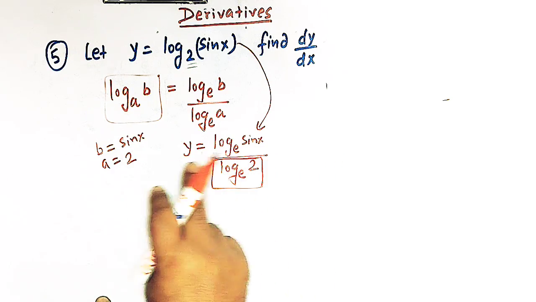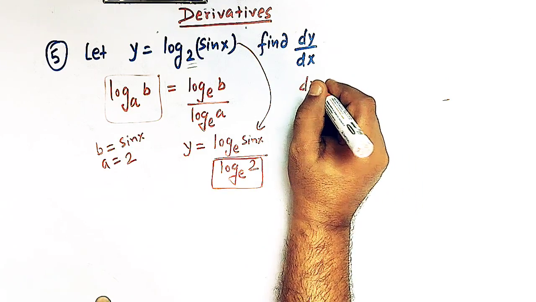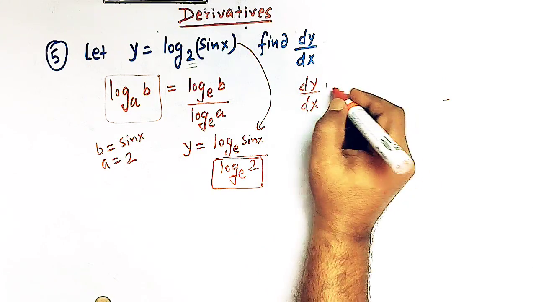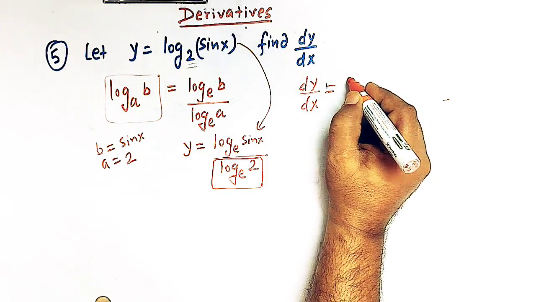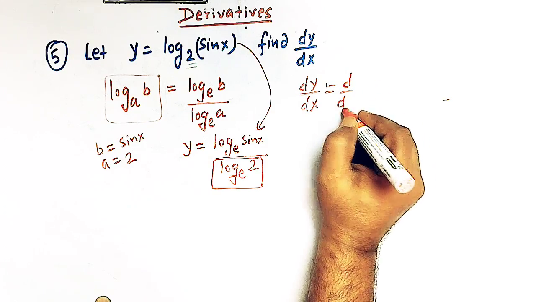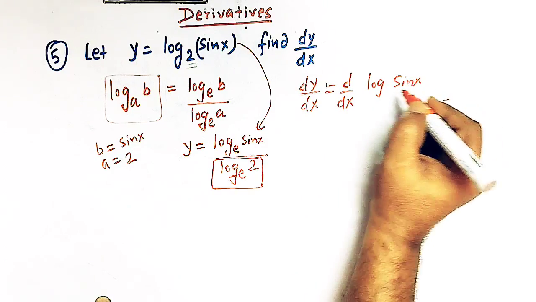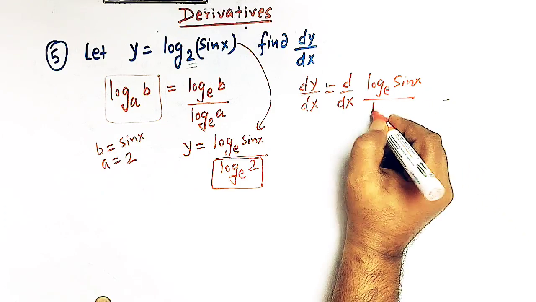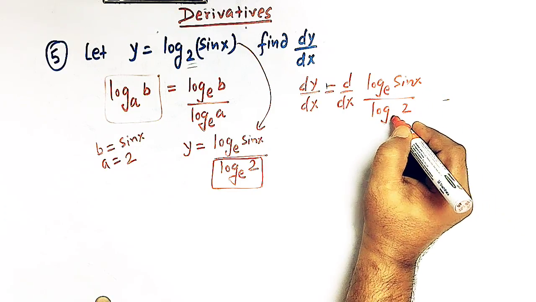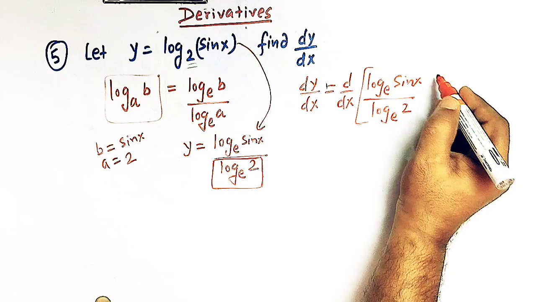So now if we differentiate both sides, then we have dy over dx is equal to d by dx of log of sine x to the base e, divided by log of 2 to the base e, right?